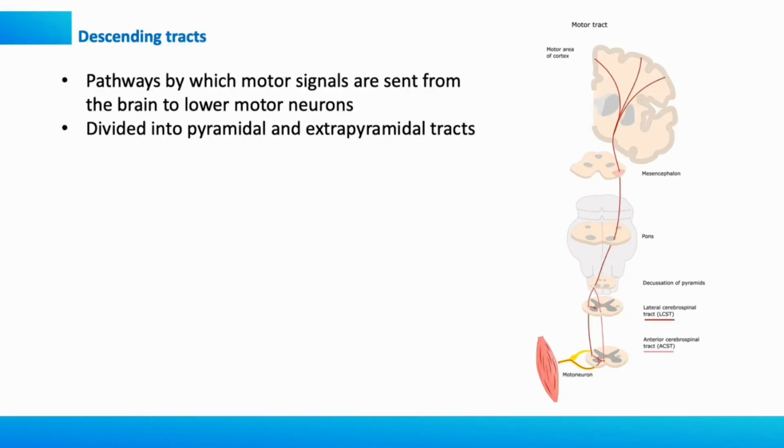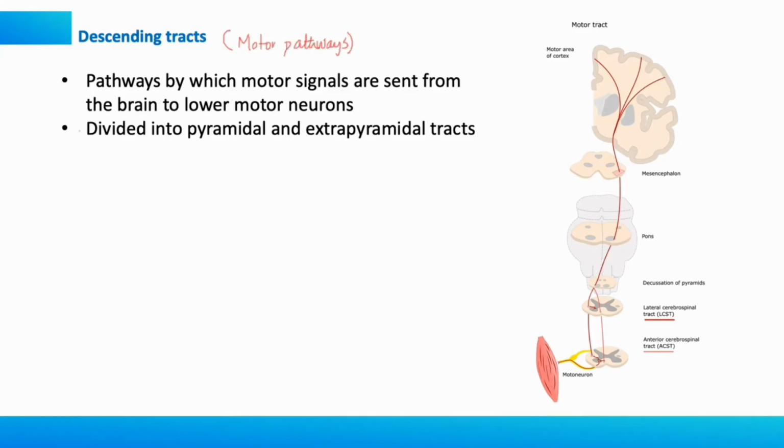The nerve fibers originating from the brain towards the spinal cord are organized into both ascending and descending tracts. Ascending tracts are mainly concerned with carrying sensory stimulus, whereas descending tracts are concerned with the motor activity. So we'll call them motor pathways predominantly.